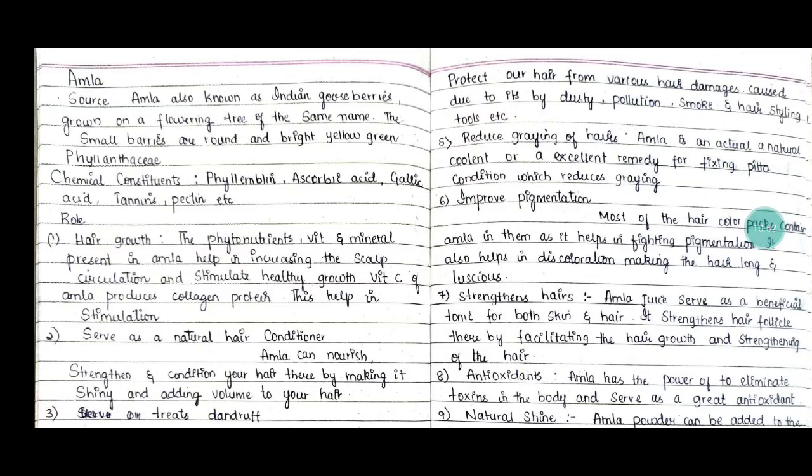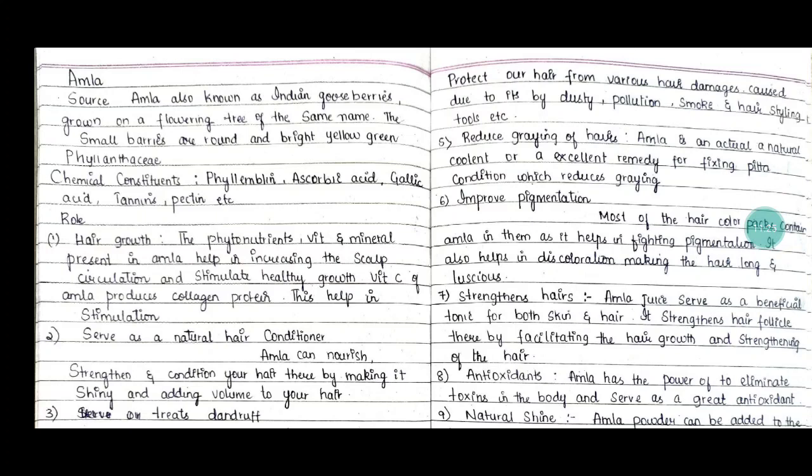The source of amla, also known as Indian gooseberry, is a flowering tree of the family Phyllanthaceae. The small berries are round and bright yellow-green in color. The chemical constituents of amla are phyllanthine, ascorbic acid, gallic acid, tannins, pectin, etc. And what role does amla play in hair growth?